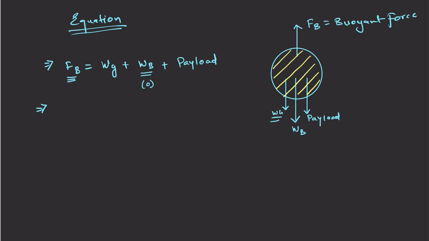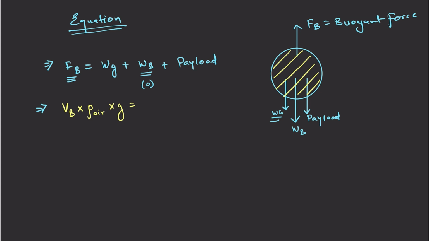Therefore, I can say that the buoyant force will be equal to V, volume of the balloon, let's call it VB, multiplied by rho, density of air, because that is the air being displaced by the balloon, multiplied by g.